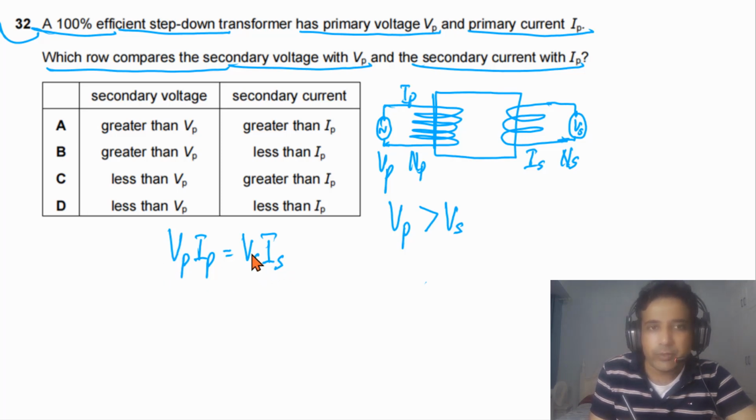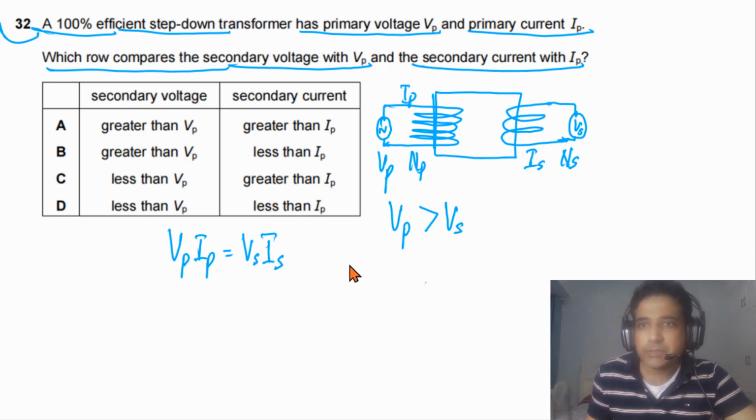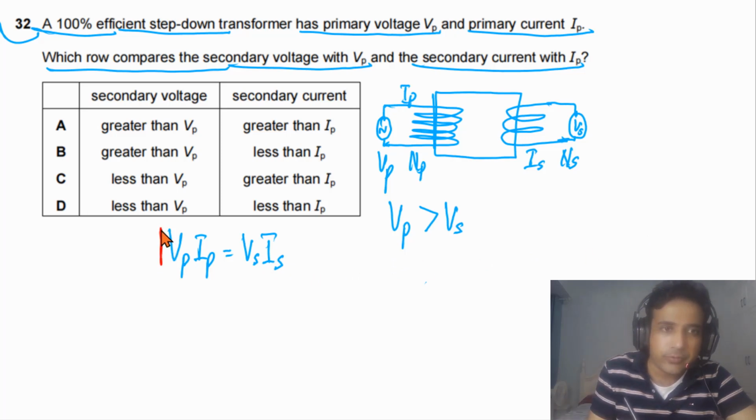So if Vp is greater than Vs, Ip has to be lower. In this case, Vs is smaller, so Is has to be greater.